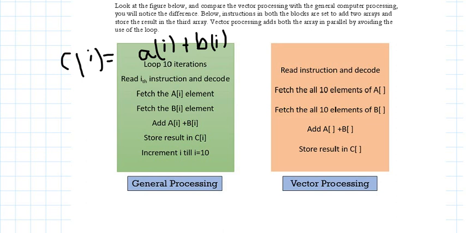That means the calculation of C0 is independent of the calculation of C1 and so on.